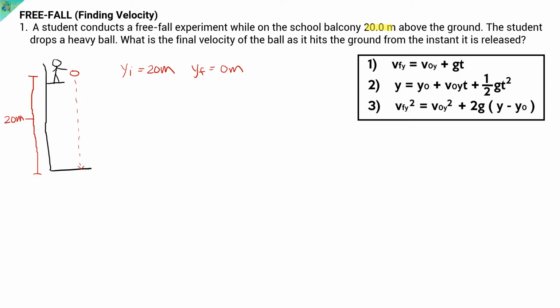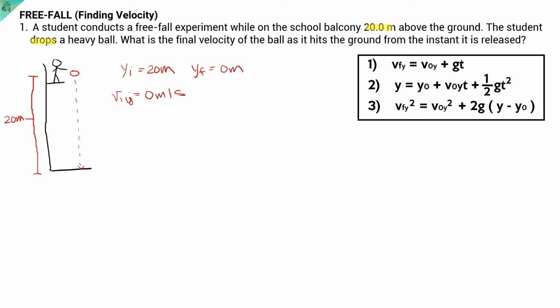How about our initial velocity? Do we have our initial velocity? I think yes. Our initial velocity in the y-axis is actually 0 meters per second. Why is that 0? Because according to our story here, the student drops the ball.